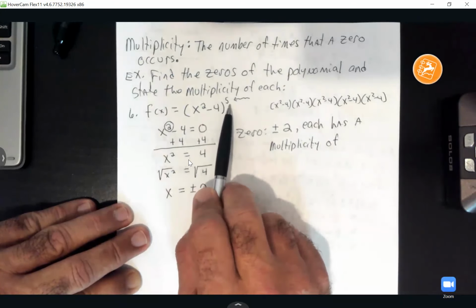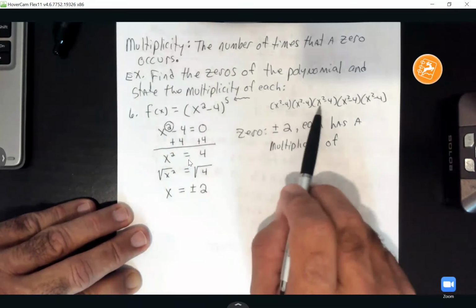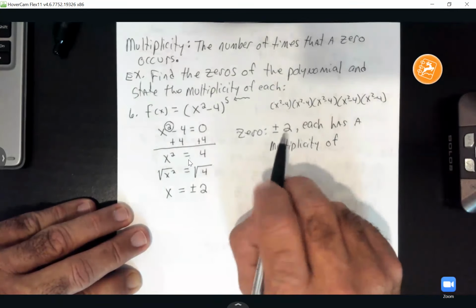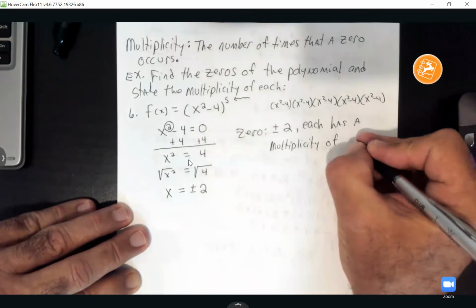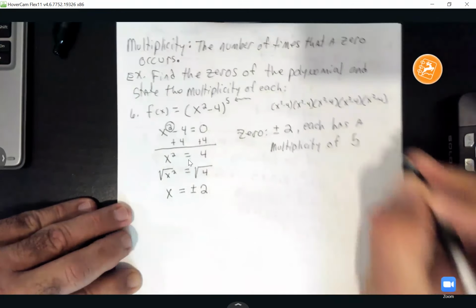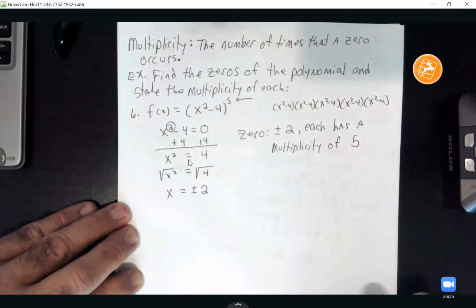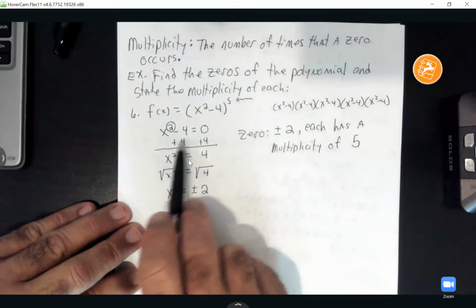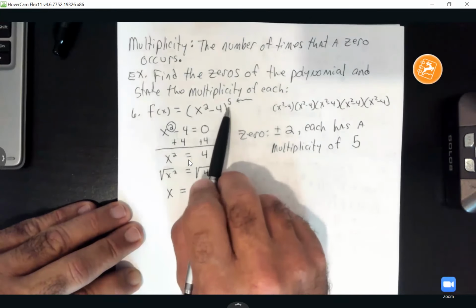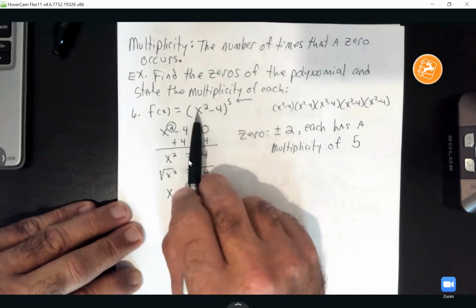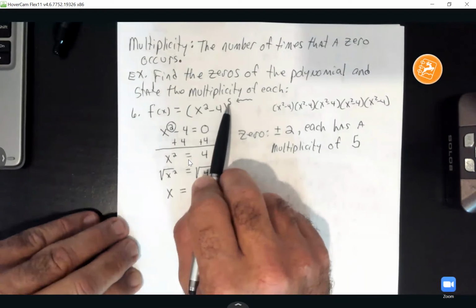It's telling me the multiplicity because this factor happens 5 times. So my zeros are plus or minus 2. Each of them has a multiplicity of 5. And that's all we do. Solve the factors for the zeros. And then these exponents on the outside of these parentheses are going to give us the multiplicities.